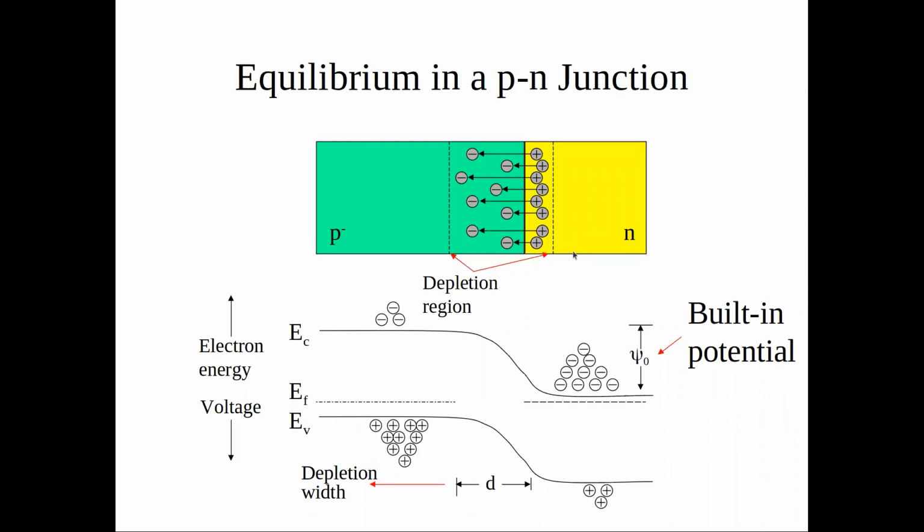And because the mobile charges go away because of electrostatics, you create a region that is depleted of mobile charges. Everything is at equilibrium. These pluses and minuses cancel each other out. But because of this difference in concentrations and electrostatics, you have a region where there are no mobile charges. So that's why it's called depletion. It's depleted of mobile charges.